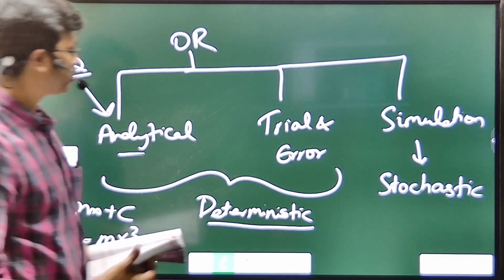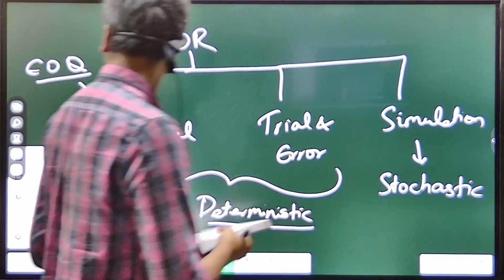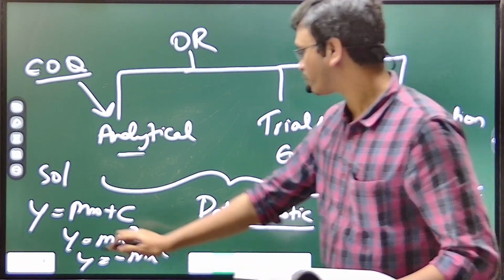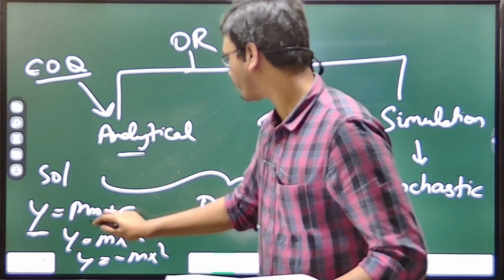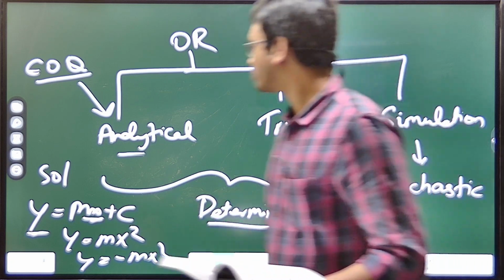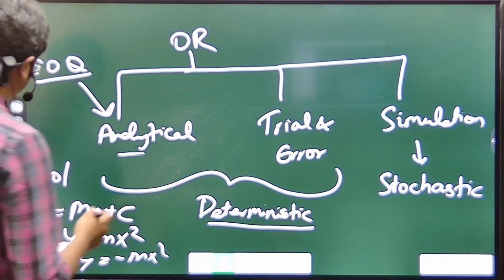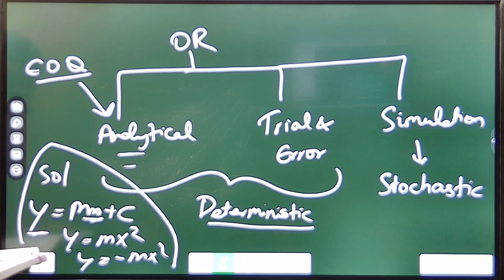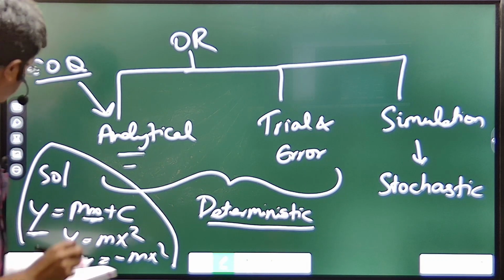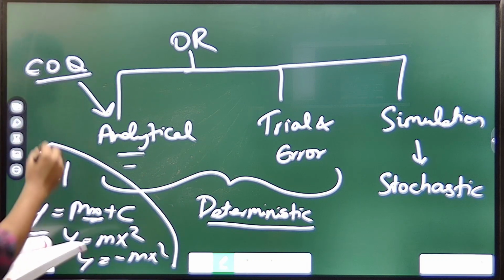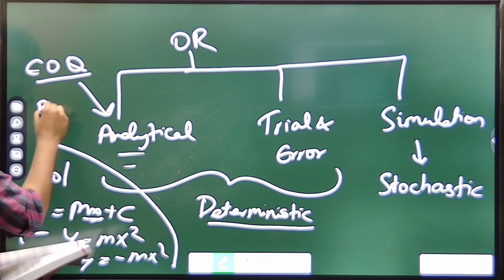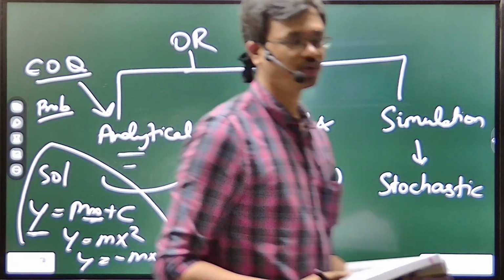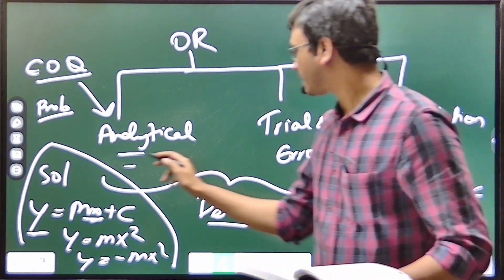So you have a clear-cut relationship between what you are trying to do and your variables. In an analytical method, for a problem statement with the variables which you have, you can get a clear-cut solution. That is called an analytical method.